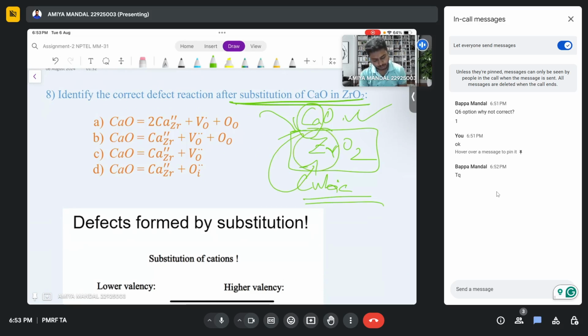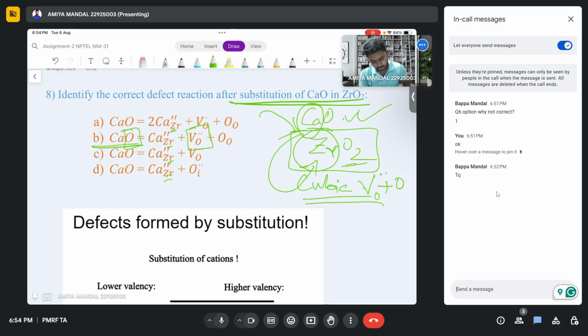So when calcium occupies the zirconium site, the zirconium site will be written like this. Here an oxygen vacancy will also be created, and for this oxygen vacancy, two unit positive charges will be created.